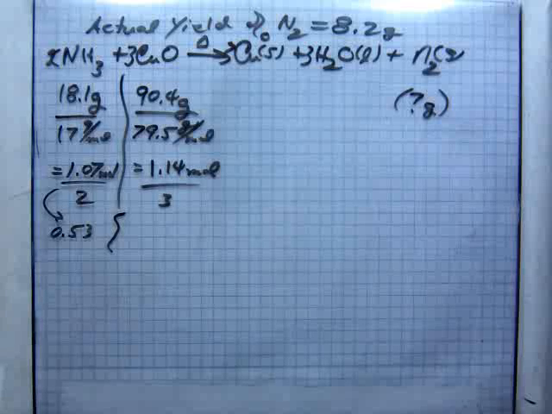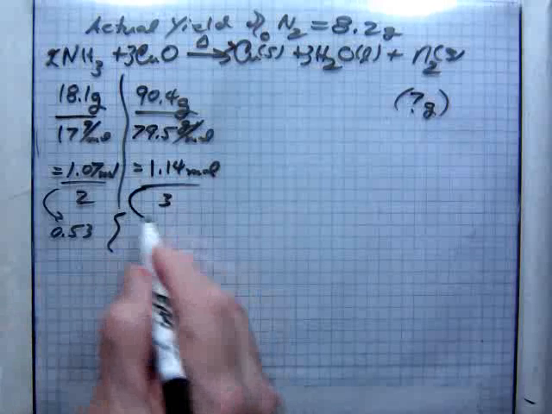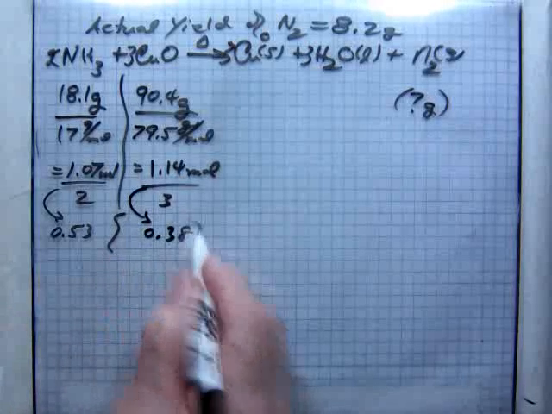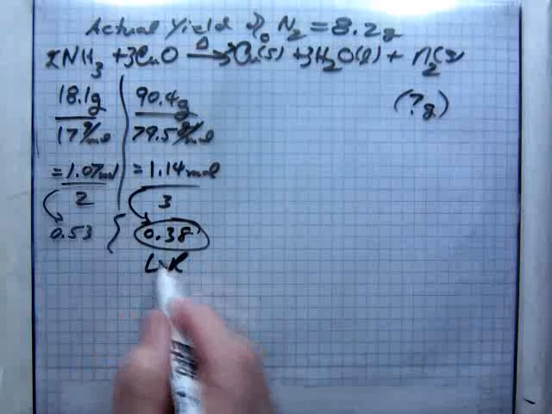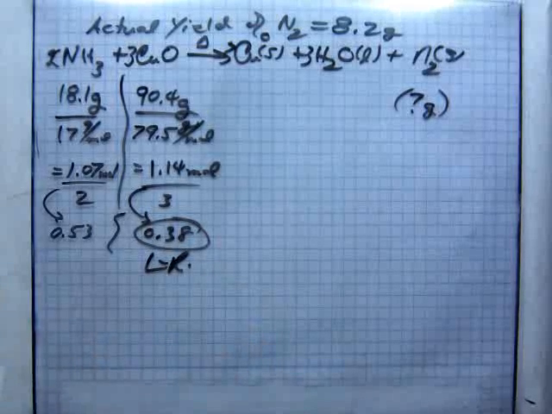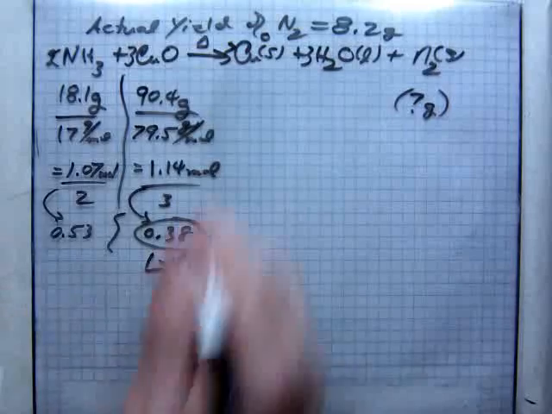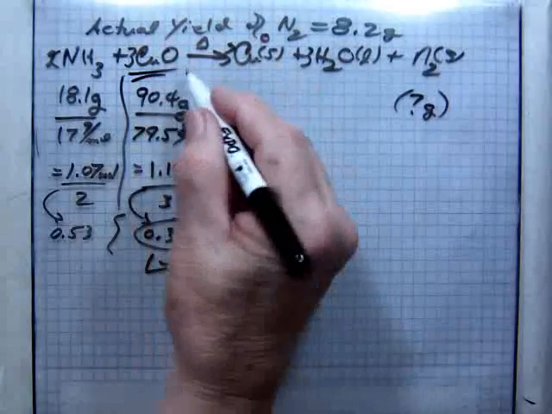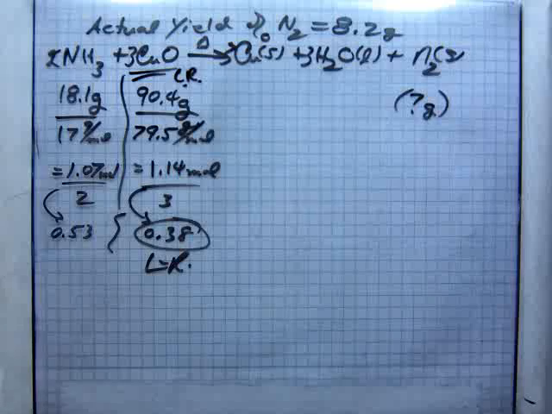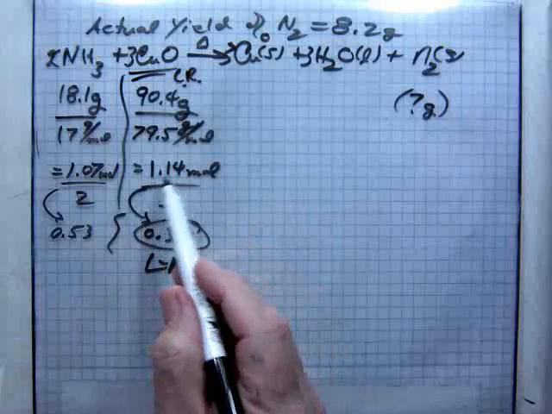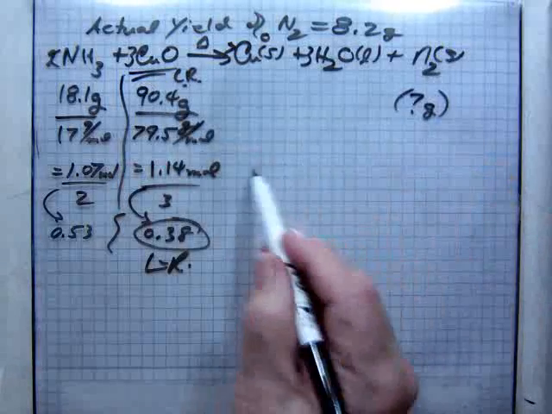And 1.14 divided by 3 is 0.38. That's the limiting reagent. It's the smaller of the two numbers. Everybody still with me? Very good. Okay, so we're going to base this on the copper oxide moles. So 1.14 goes 3 to 1.